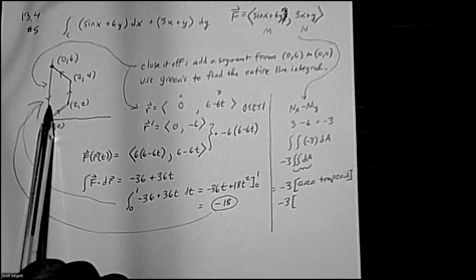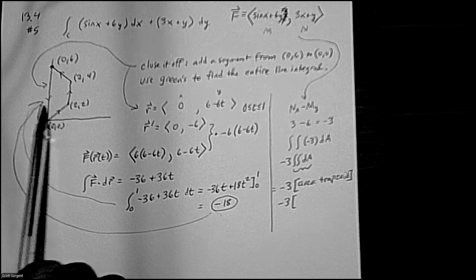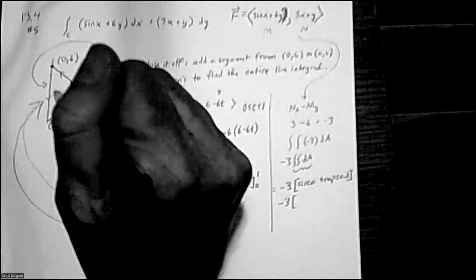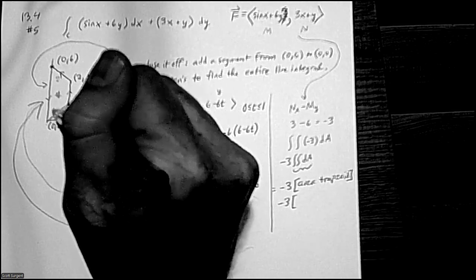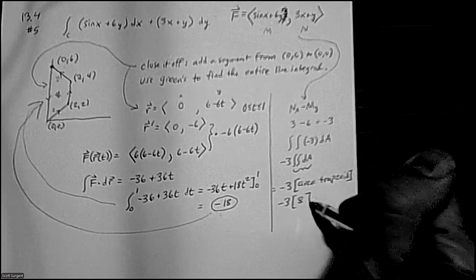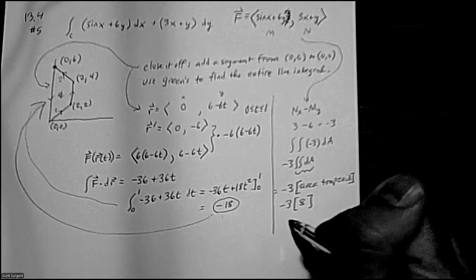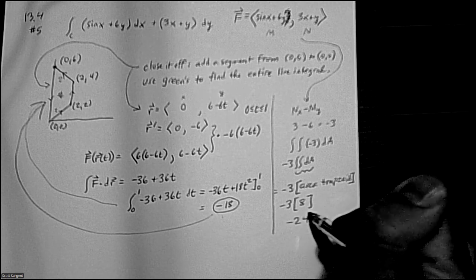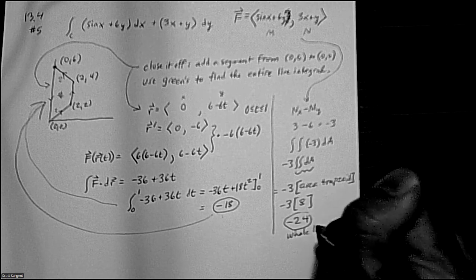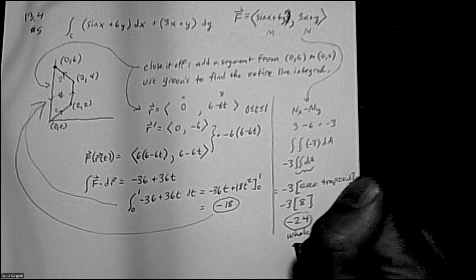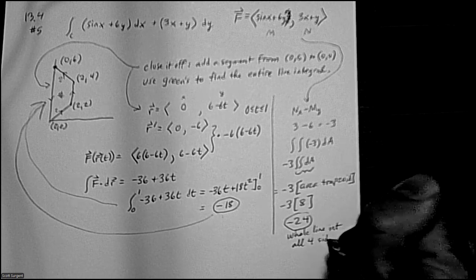I just break it up into parts. This is going to be 2 by 2. This is going to be 2. This will be, I'm sorry, 4, 2, and 2. So it's going to be 8. So this negative 3 times 8 is negative 24. So that's the whole line integral of all 4 sides.